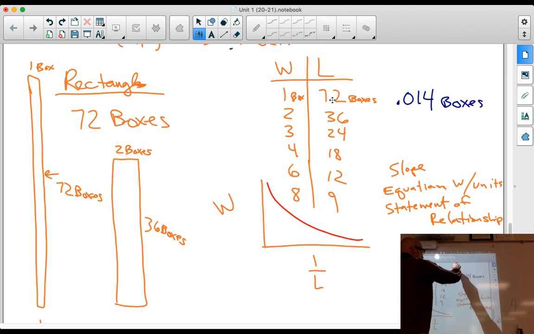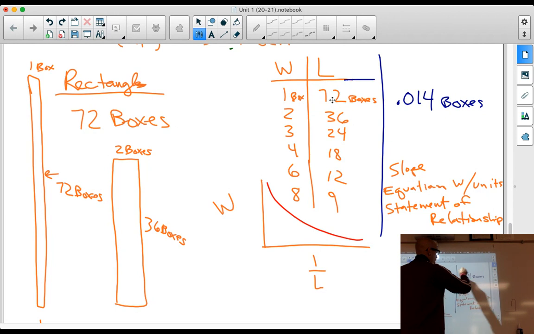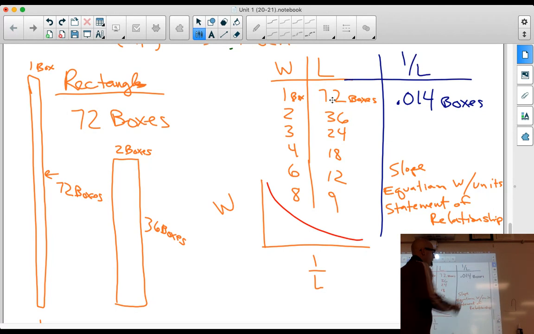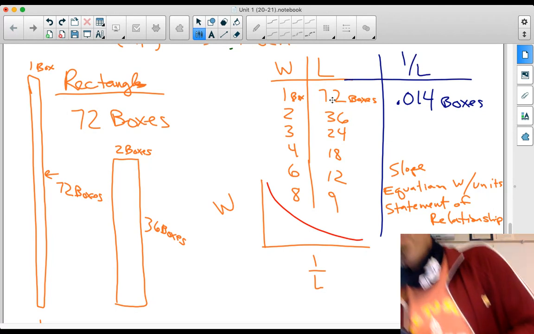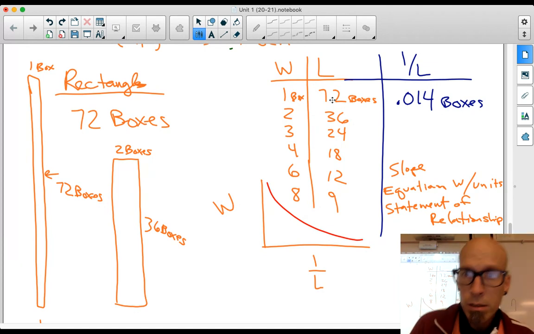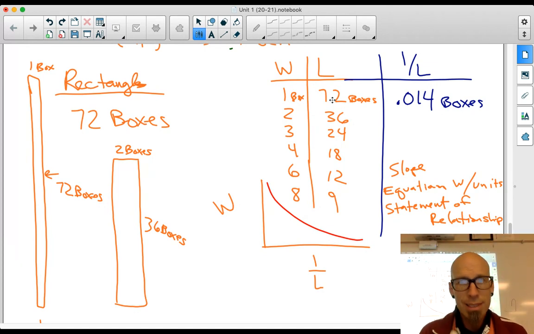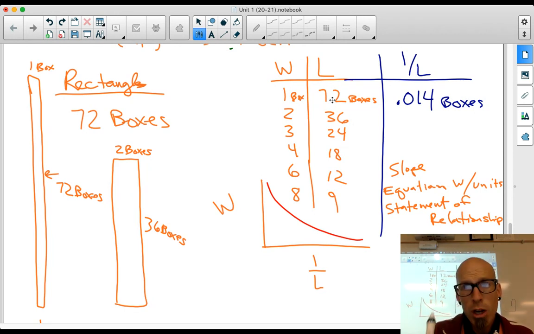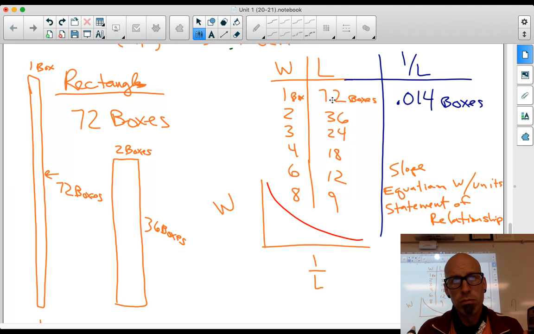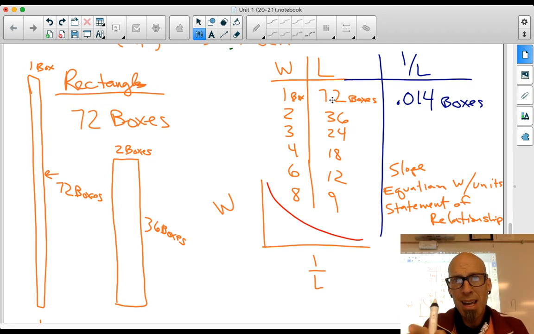And so you'd have a whole other column here, and now these would be 1 over L values. That means you can't plot this graph on the same grid you just plotted your first graph. You're going to have to make a new graph, because if you're going by numbers that small, out to the hundredths, you might need to adjust your interval so that your graph is going by hundredths.